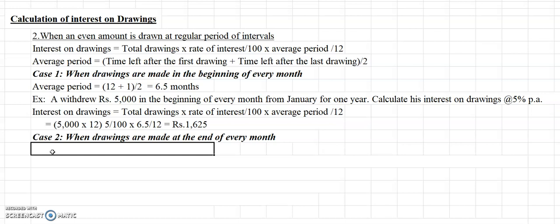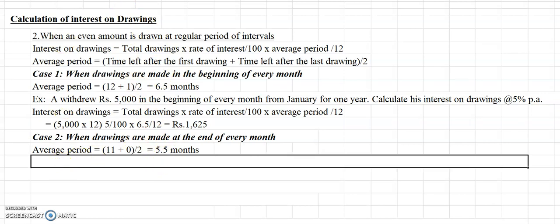After that, February onwards, we have to count. So 11 months are left. And after the last drawing, how many months are left? Last drawing will be on 31st December. No months are left there. So 0 will be written there. So average period is 11 plus 0 by 2, that is 5.5 months.